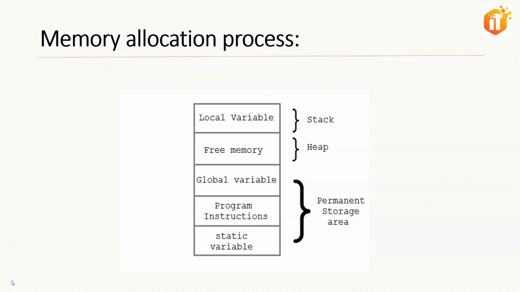Also, there are chances of overflow during the dynamic allocation process. There we should take care by checking for a null pointer. All these things we are going to discuss now.